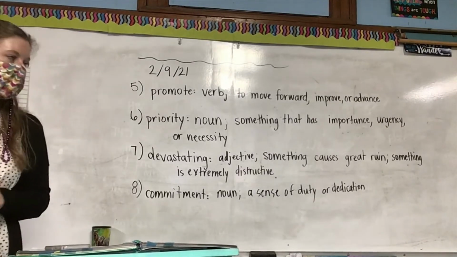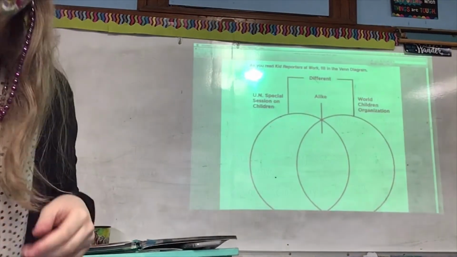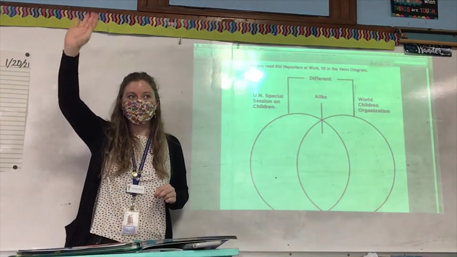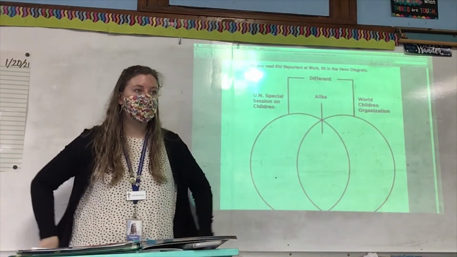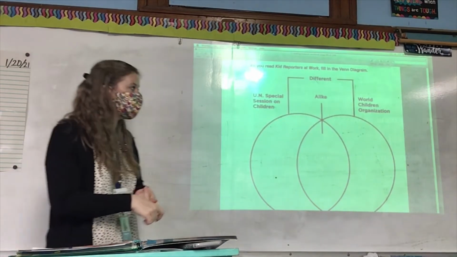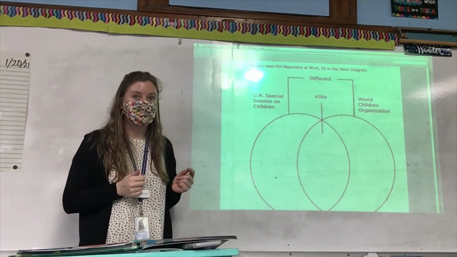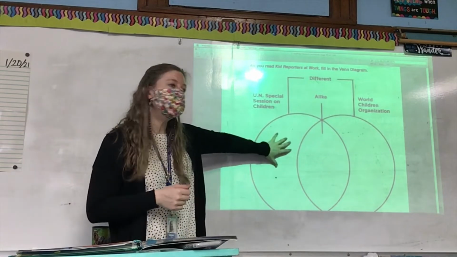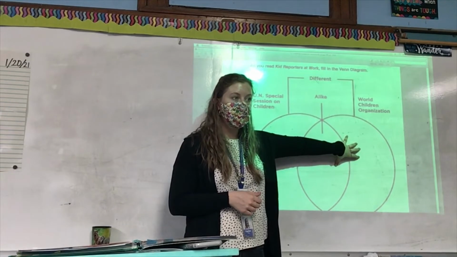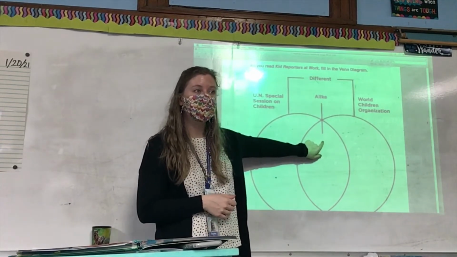Make sure to get them copied. And then open your book to page 334. What do we use Venn diagrams to do? Lena? To compare. To compare, and not only to compare, but also to contrast. So as we're reading, we know we're going to be reading about at least 2 different things, because this circle is for one item. This circle is for another item. Where they meet is how the 2 things are alike.